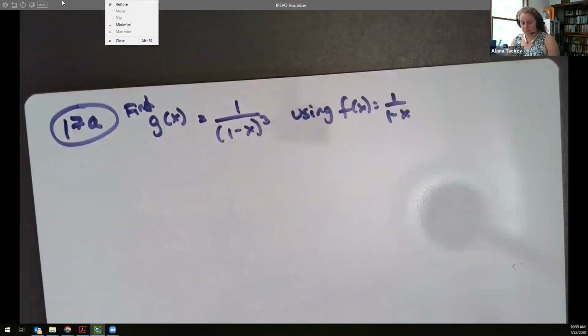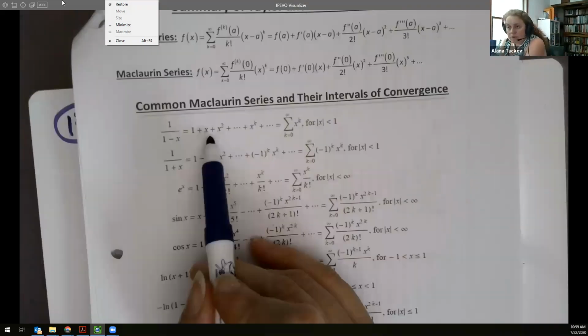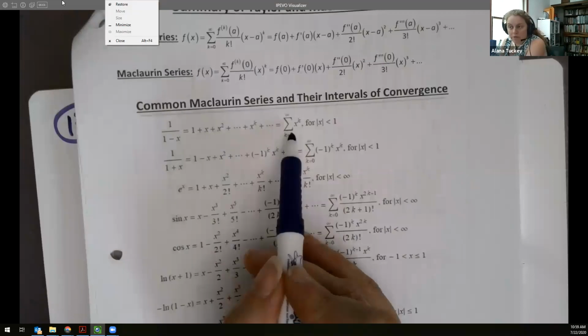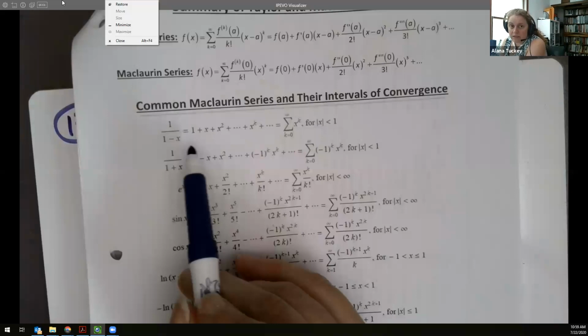Hold on. There we go. Okay. 1 over 1 minus x is right there. See it? So we're going to use that series, and then we're going to develop the 1 over 1 minus x cubed.